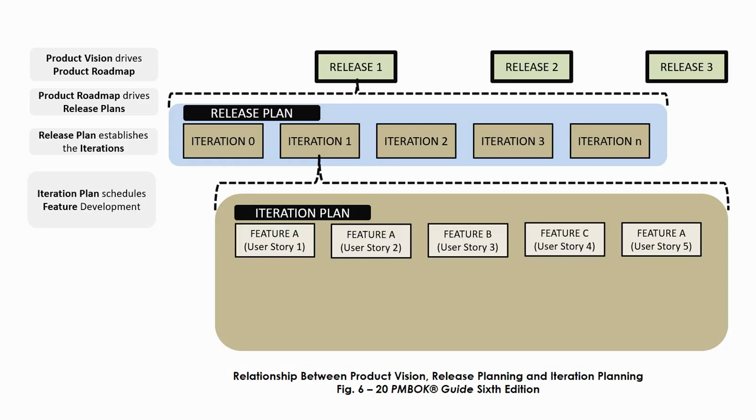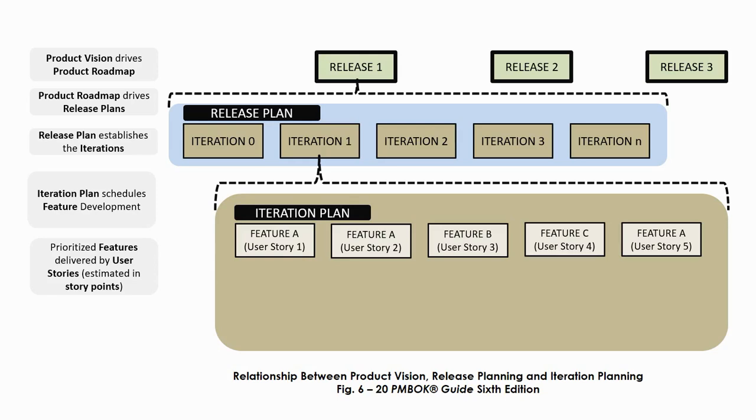As a project manager, I want software that will enable me produce reports so that my stakeholders will be happy. That's how user stories are written. So the iteration plan schedules feature development. People say Agile is loose, but it's not loose. It does focus on what needs to be done and when, and that's why this aspect is in the planning and time management aspect.